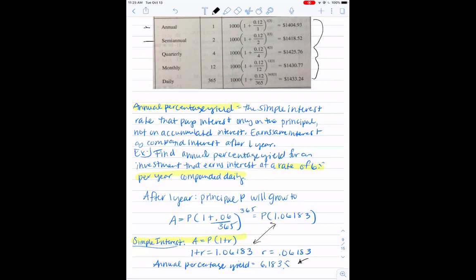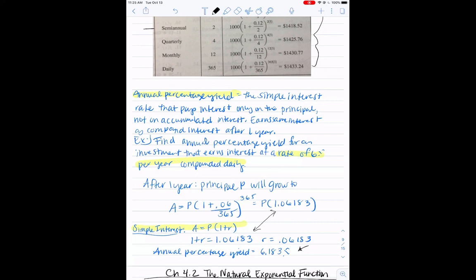We don't compound daily like the compound interest. Then we would get the same amount as if I had the principal and compounded daily at a rate of 6%. Then those values would be the same.